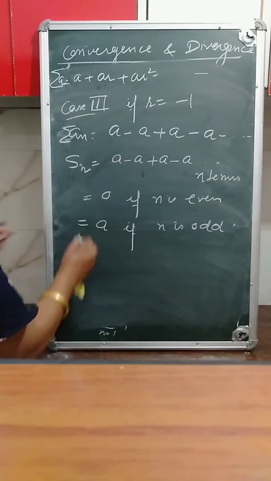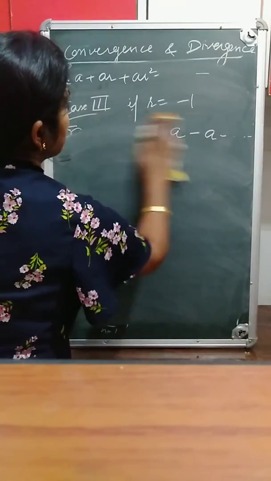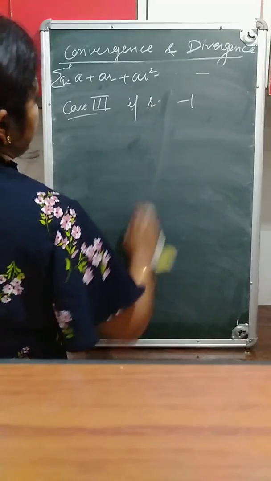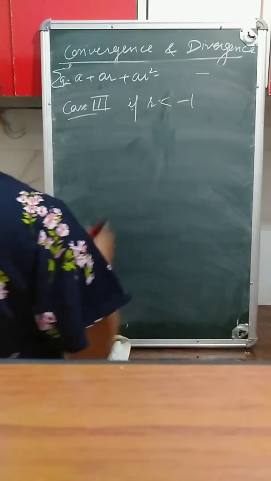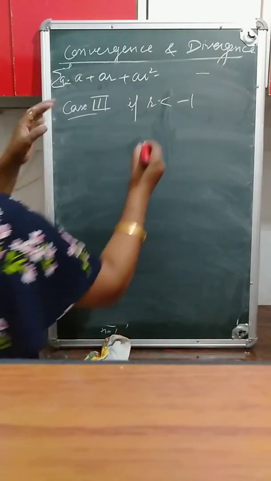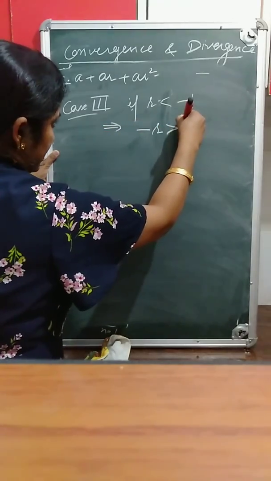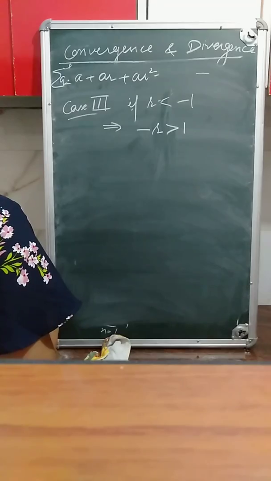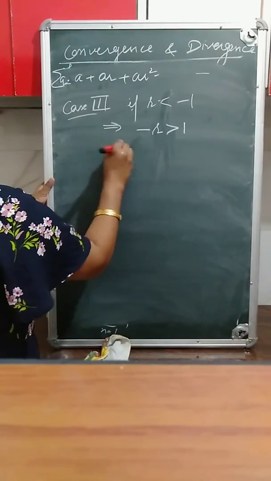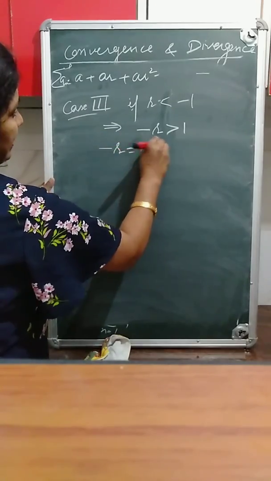Next, the last case, if r is less than minus 1. When r is less than minus 1, it implies minus r is greater than 1. Let us put minus r as any number, say x.